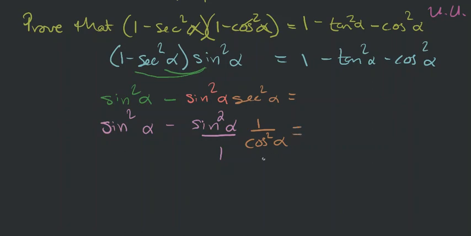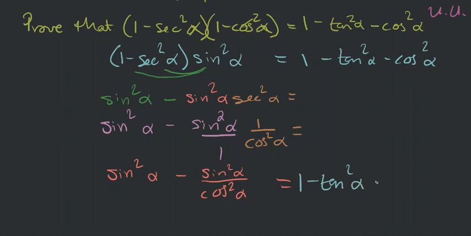So what are we going to do now? Well, I'm seeing some things come together. Hopefully you're seeing some things come together too. This is going to be sine squared alpha minus sine squared alpha over cos squared alpha. I'm leaving this one alone because I don't want to change that. Let's bring it down just so we can see it: 1 minus tan squared alpha minus cos squared alpha.